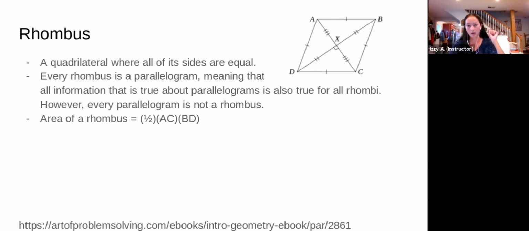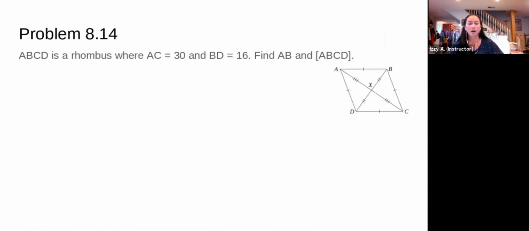Okay, I'd like to move on to the next slide, and we're going to be figuring out problem 8.14. ABCD is a rhombus where AC is equal to 30 and BD is equal to 16. Find AB and the area of ABCD.